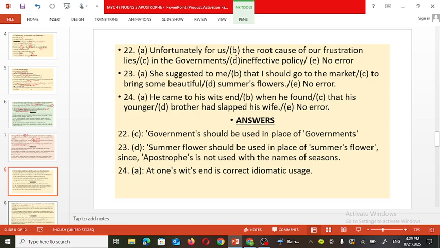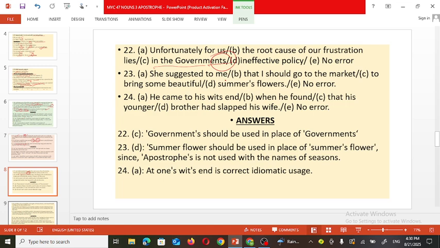So where is it? In the government's ineffective policy. So government's here, apostrophe must be used in place of governments. So that is the error in this C part.